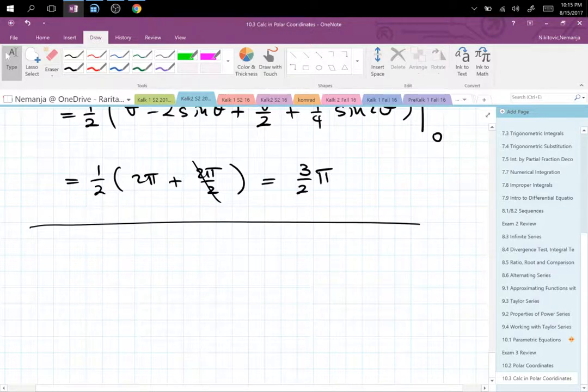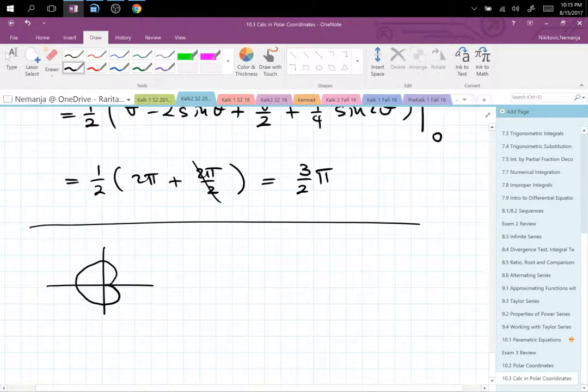And then tomorrow, even more interesting, is when we have the area between two objects. Flower in the circle, circle with a flower, cardioid in a flower, and all of these kinds of things.